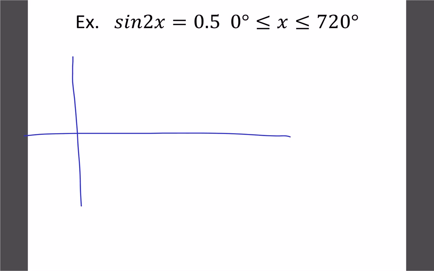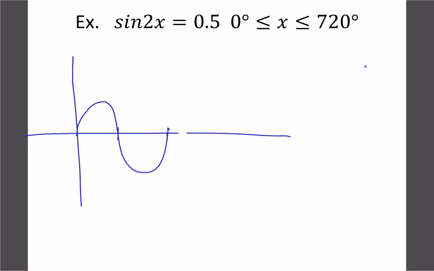So sine 2x, remember, is just going to be a graph that has a half horizontal stretch. So instead of crossing at pi and 2 pi this time, our graph is going to go up and back down, and that's going to occur at pi instead of 2 pi if we do half the stretch.